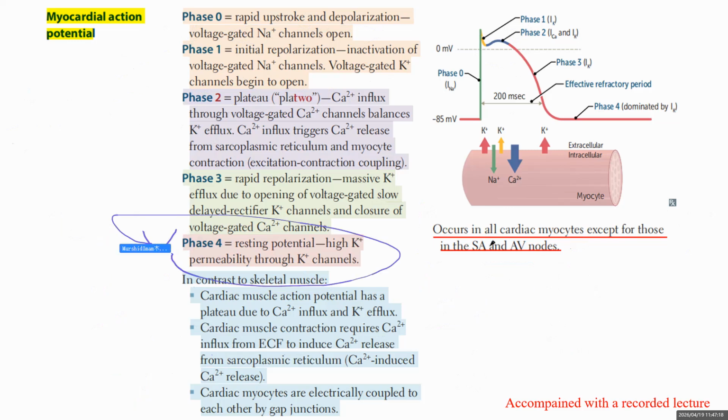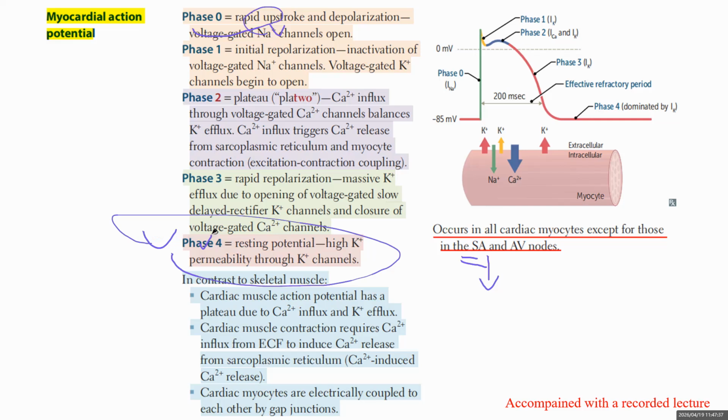But in the SA node, phase 0 is mainly due to calcium influx, and phase 4 is unstable and slowly depolarizes on its own. There is no plateau like that of the ventricular myocytes.